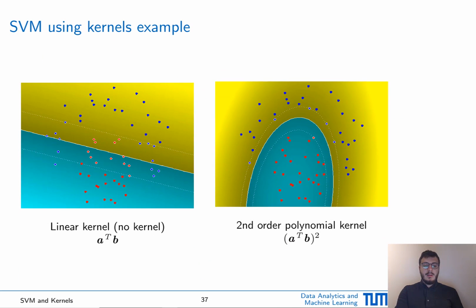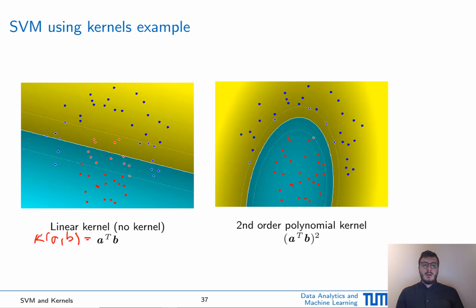Okay, so now let's see what happens if we use different kernel functions. If we specify this kernel function, so we have that the kernel function of a and b, you plug in a and b and you spit out a transpose b. So this is the linear kernel, or in other words, we have not used any kernel because this dot product is the same thing that we had in the original SVM variant. We see that the decision boundary is again just a line.